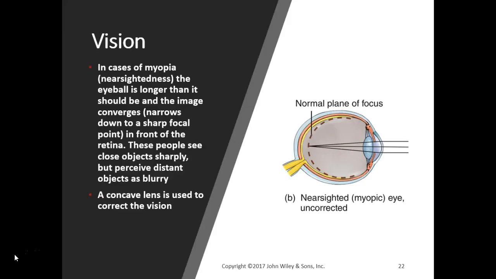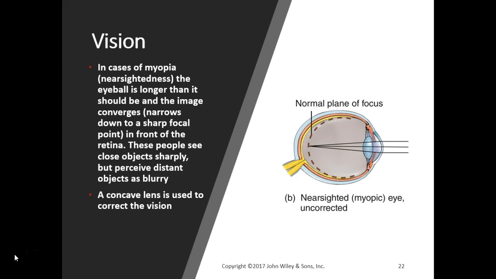Some people have a condition called myopia, or more commonly nearsightedness. This occurs when the eyeball is too long in relation to the focusing power of the cornea and the lens, or when the lens is much thicker than normal, so an image converges or focuses in front of the retina.